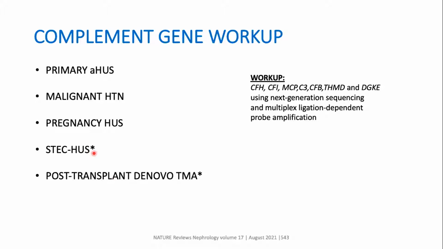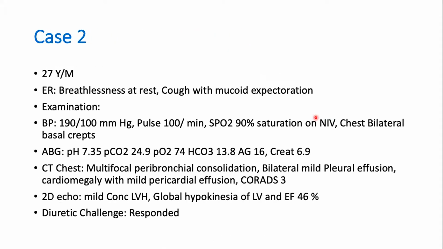STEC HUS, especially if it is recurrent and organ failure happened after the HUS, this group also needs workup. Roughly around 20 genes need to be worked up as per the recent guidelines, and they have clearly recommended using NGS or multiplex ligation dependent probe amplification methods.